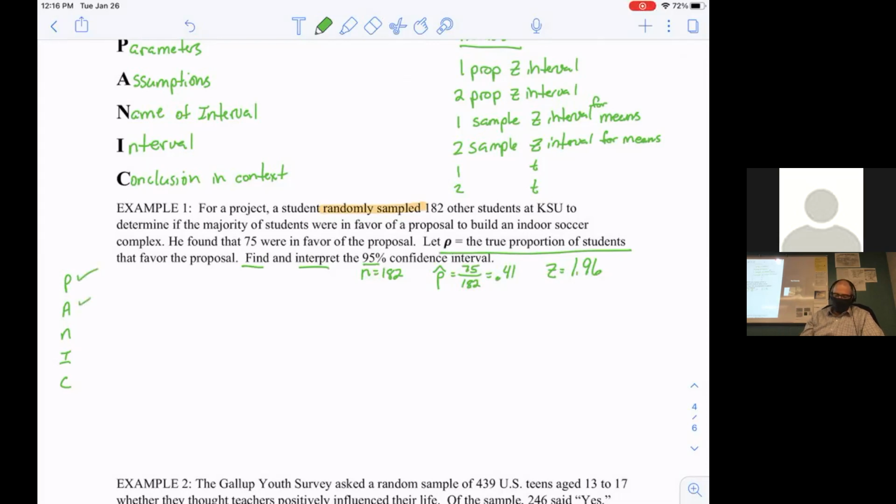Next on the list is our assumptions. What's our first assumption? Random sample of KSU students.